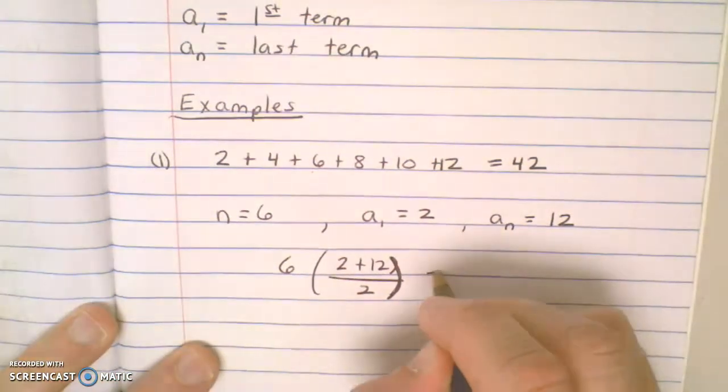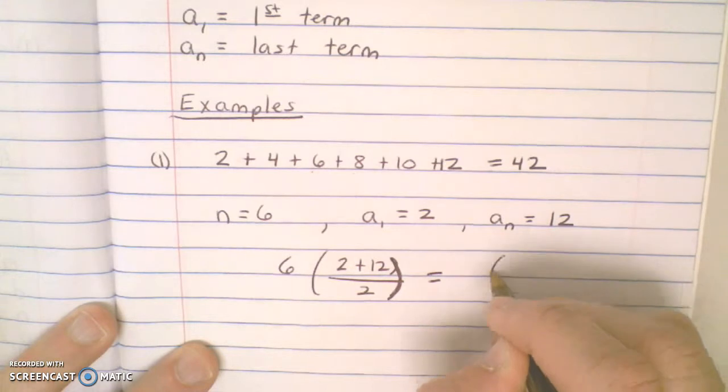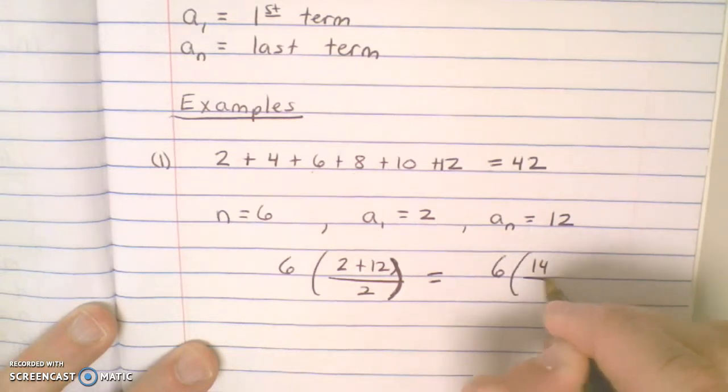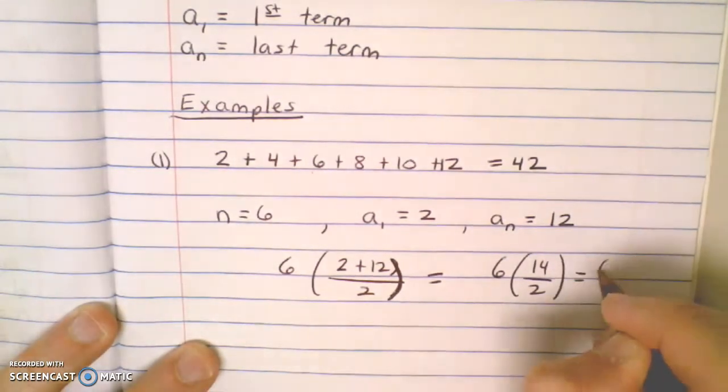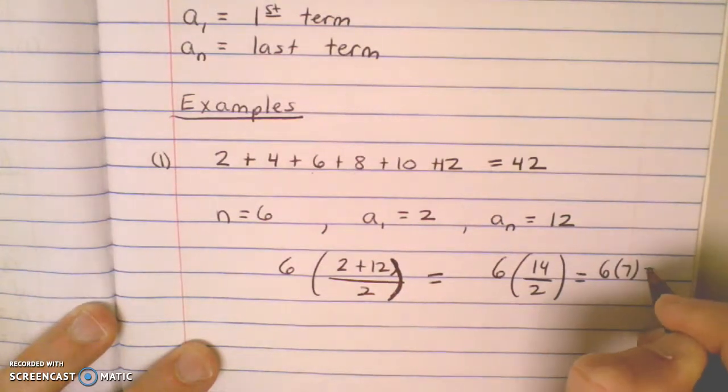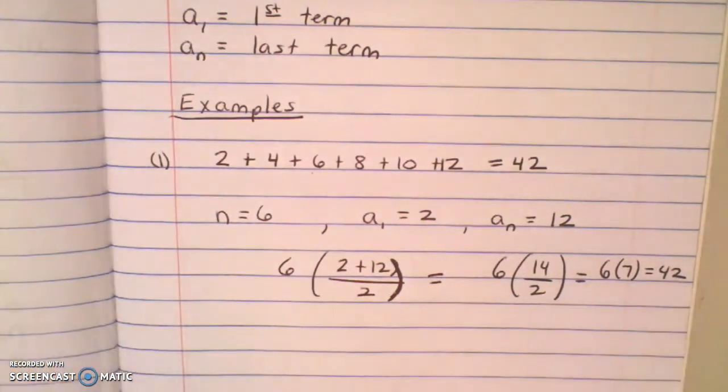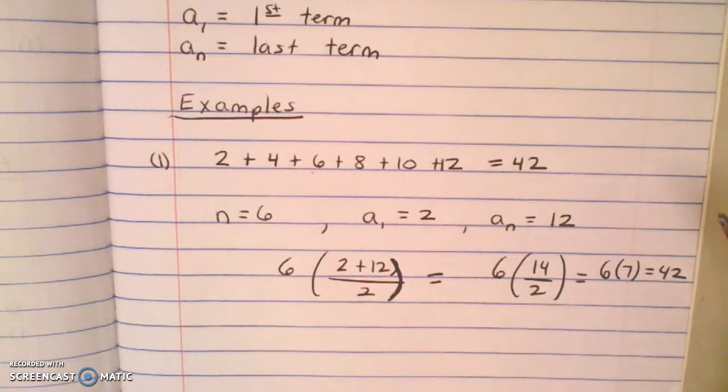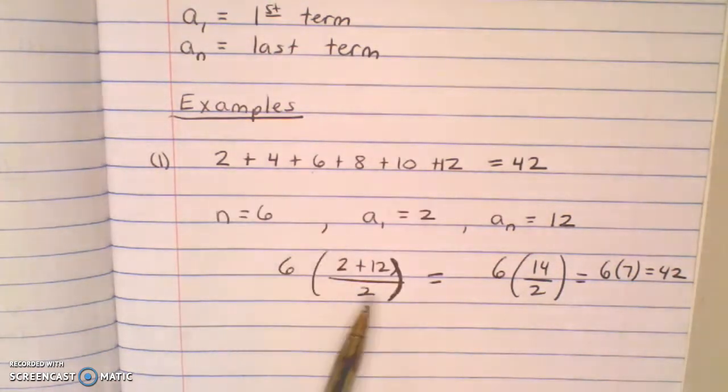So 2 plus 12 is 14. So I have 6 times 14 divided by 2, or 6 times 7, which gives me 42. So in either case, I found the sum of all of these numbers. You could do it by longhand, or you can use the formula and figure out the sum of those numbers.